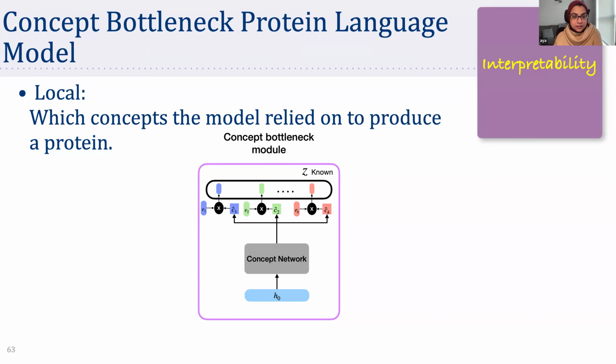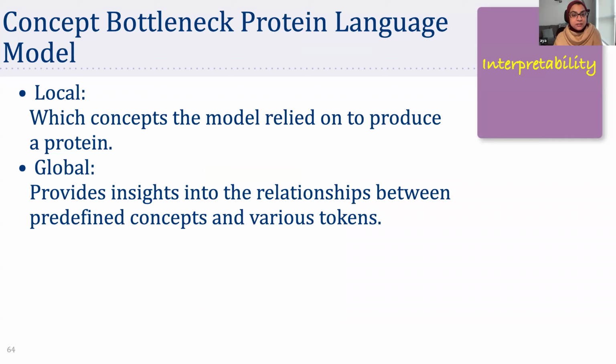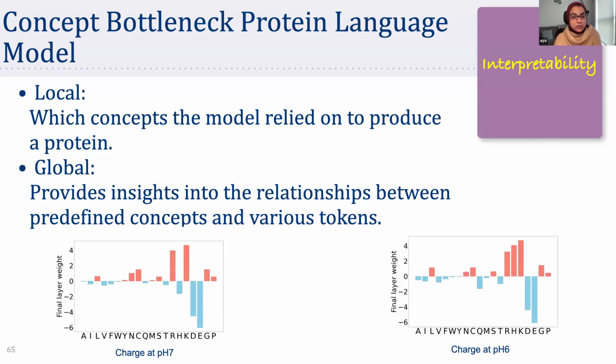And that is just by looking at the output of this bottleneck module. The other thing is that we also have global information, which tells us the insights about the relationship between the different concepts. And we do that by looking at the weights of this linear layer.